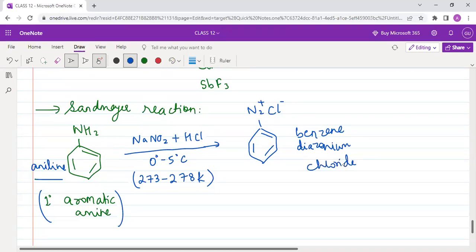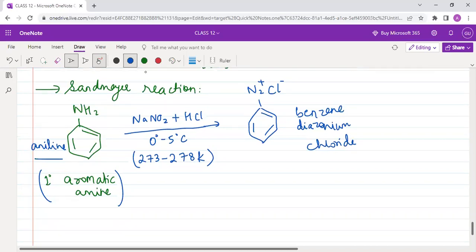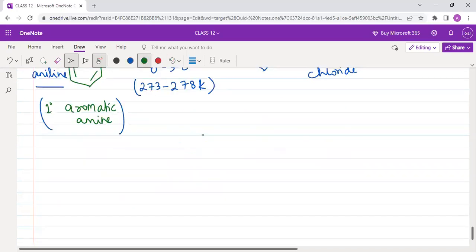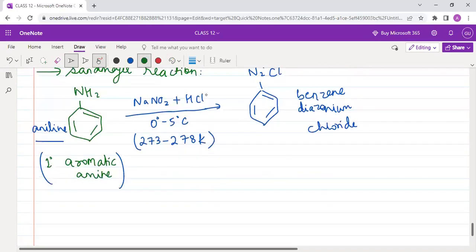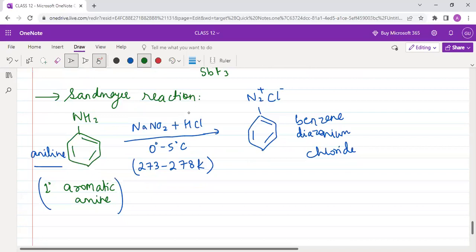Now, if you further react this diazonium halide, we are writing just the general form. If in case of HCl we took HX, then the product would have been N2 plus and X minus. So it will be called benzene diazonium halide in general, if X is there.